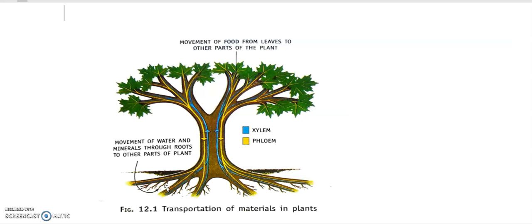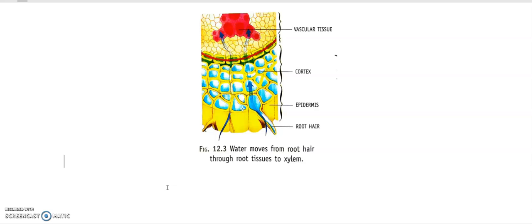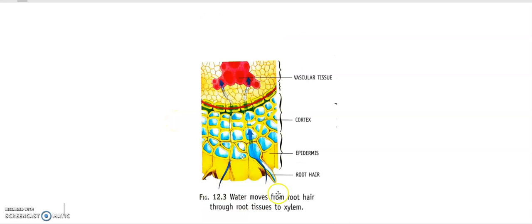Let me show you this here. These are thin root hair in this diagram. This is your water movement diagram from the root hair through the root tissues. Water and dissolved minerals go from here into this tissue, and then they go into the vascular tissue, that is xylem.